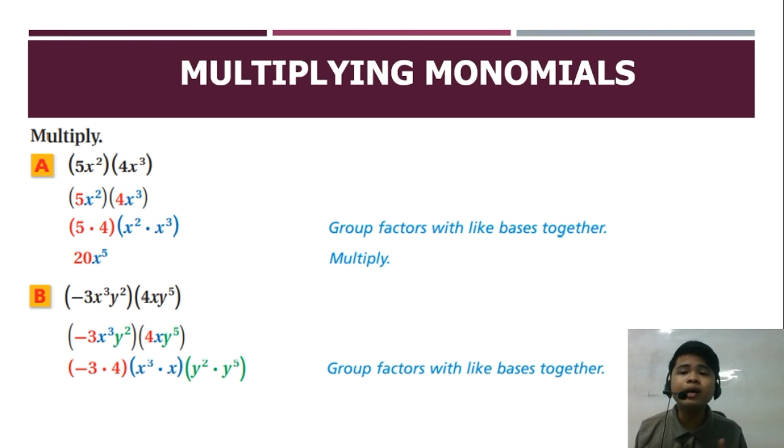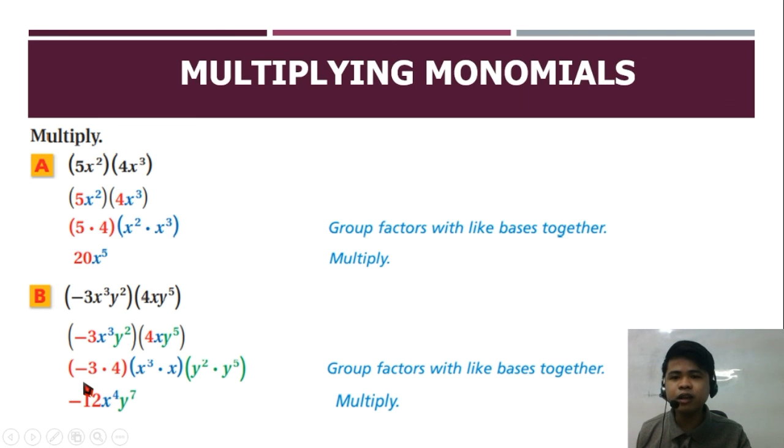Just like what we did in the first example, na kapag the same basis, we'll just add the exponents. Y squared times y raised to the exponent 5. Like bases, just add the exponents. So the answer will be negative 12x raised to the exponent 4, y raised to the exponent 7.